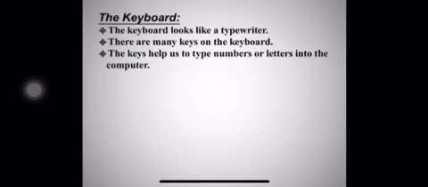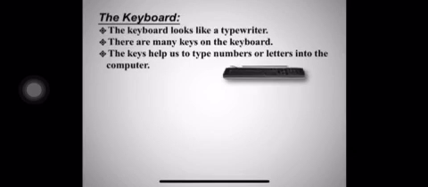The third one is the keyboard. The keyboard looks like a typewriter. There are many buttons on the keyboard. The buttons are basically known as the keys. The keys help us to type numbers or letters into the computer.